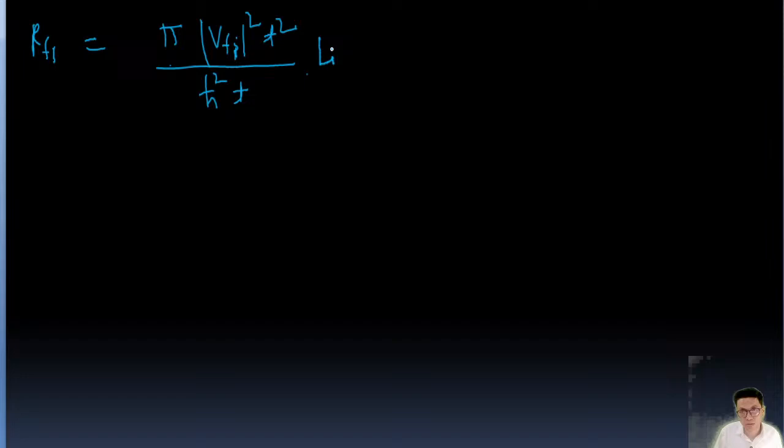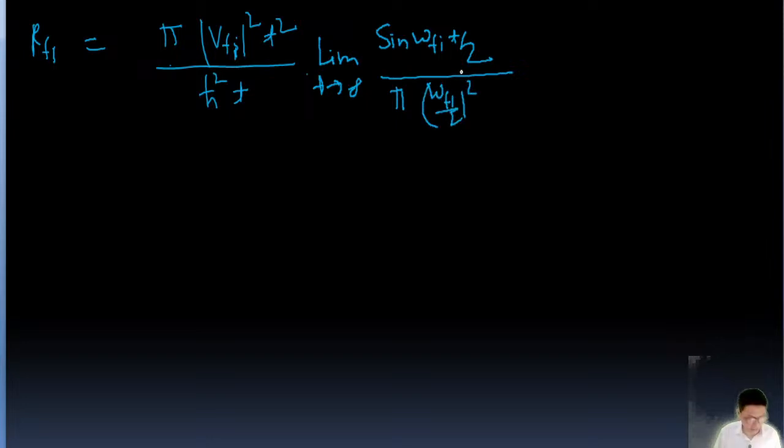So this is limit t tends to infinity of sine square omega fi t by 2 upon pi omega fi by 2 whole square t square.